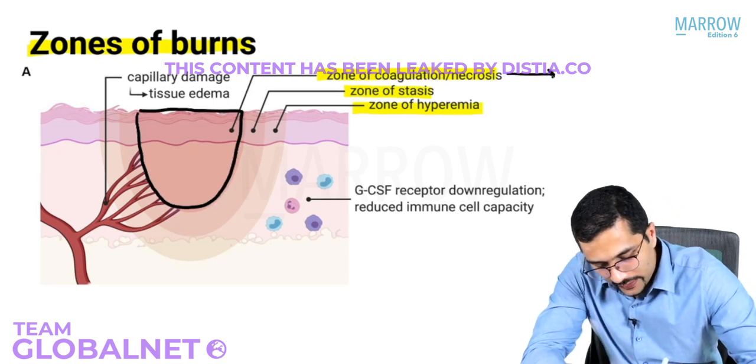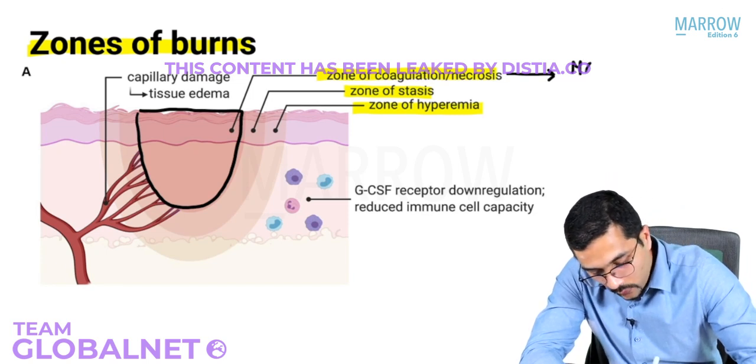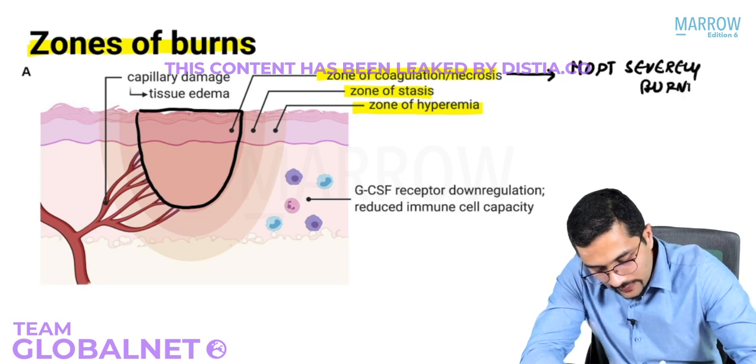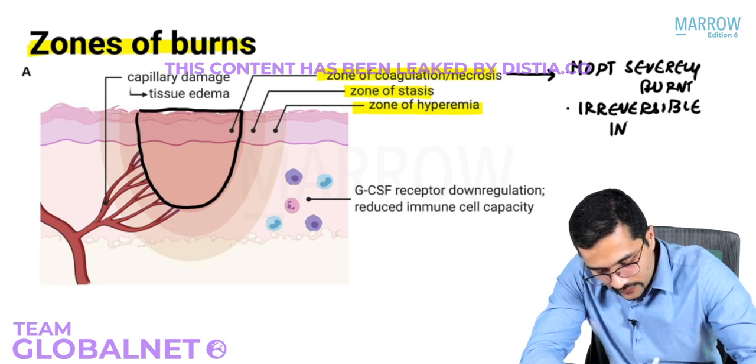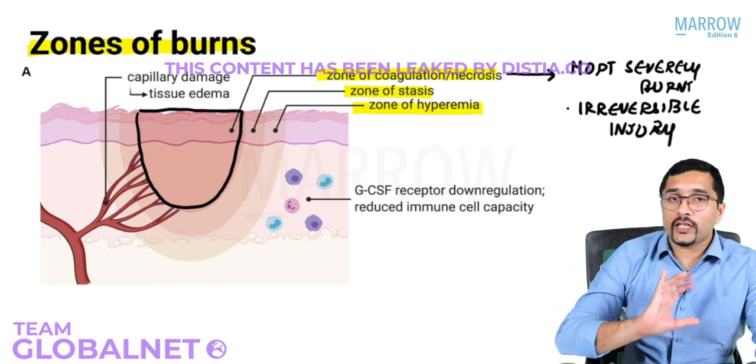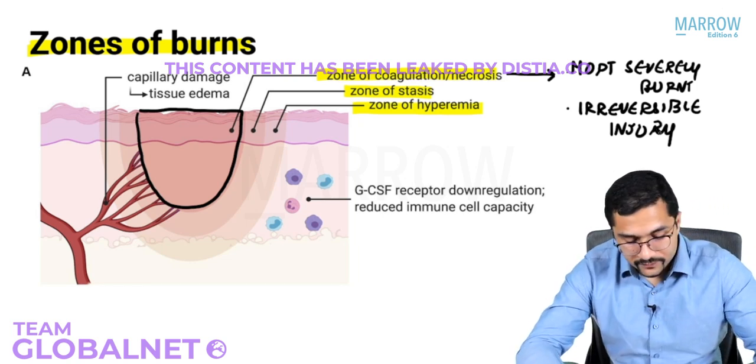So you can see here that the zone of coagulation, or necrosis, is the most severely burnt area, and there is irreversible injury in this zone. This tissue cannot be salvaged.